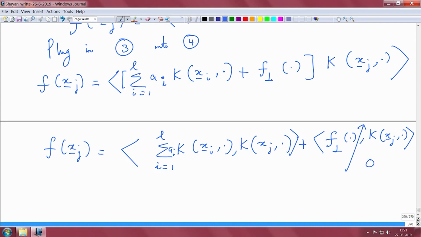All we have is the inner product of the kernel with this function which is a parallel component, which is basically a linear combination of these kernel points.